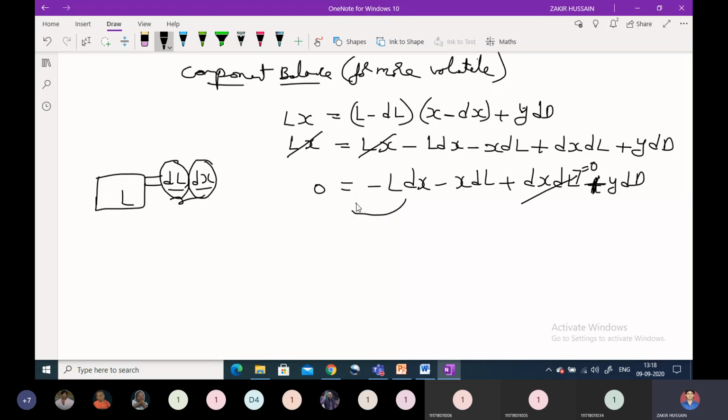Then what is left, we will send to this side. So L dx is equal to minus x dL plus y dD.